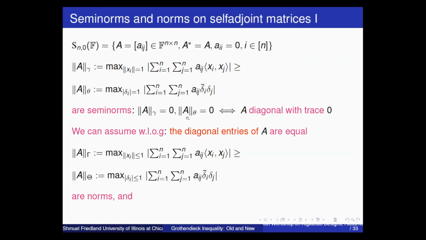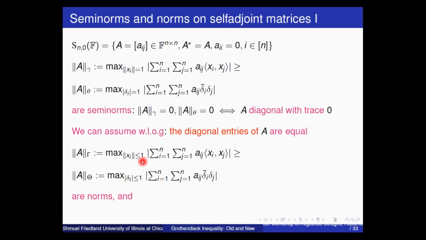And why? Because if you take a diagonal matrix with 0 trace, all of them would be 0, but these matrices are not 0. So you can quotient out these norms if you want, and you can assume that A actually has the same entries on the diagonal. Then it would be a norm on this subspace.